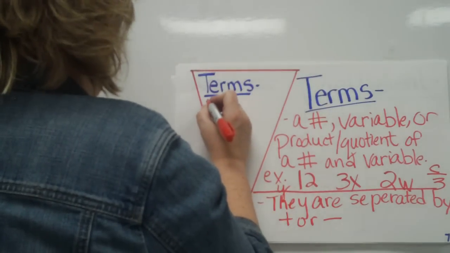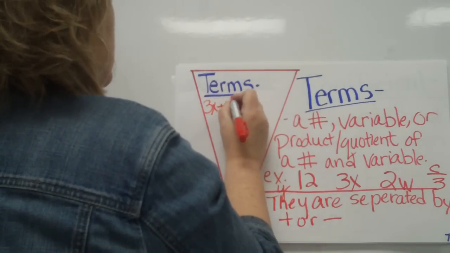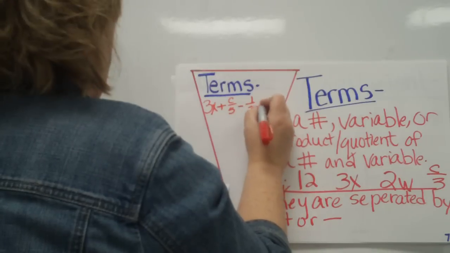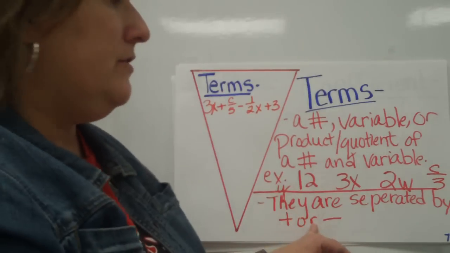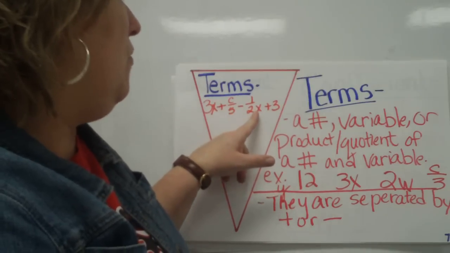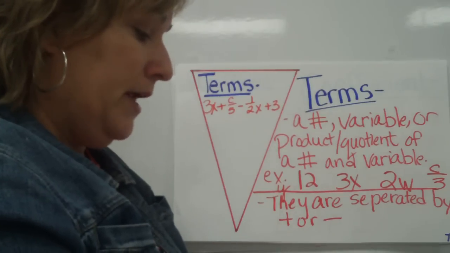So one of the expressions would be, let's say, 3x plus c over 5 minus 1/2 x plus 3. These are all terms. 3x is a term, c over 5, 1/2 x, and 3.